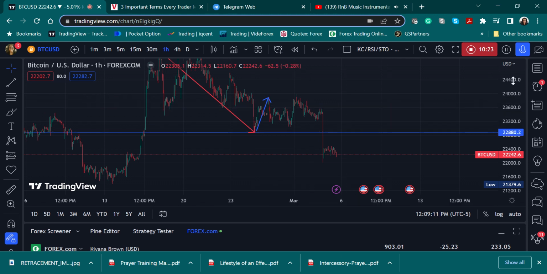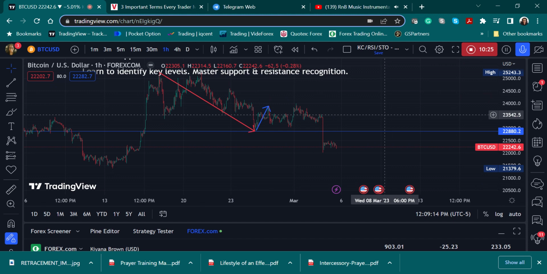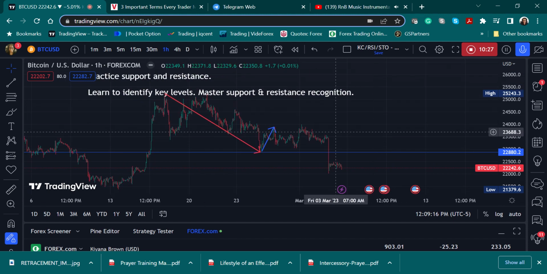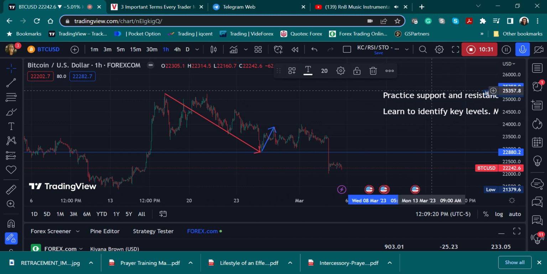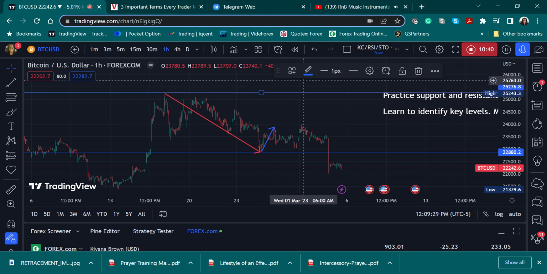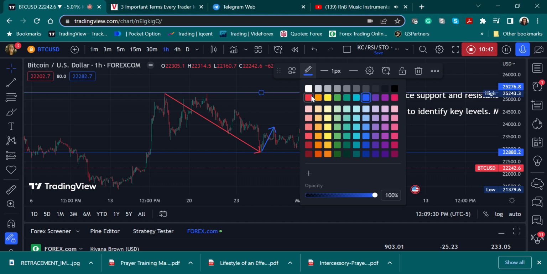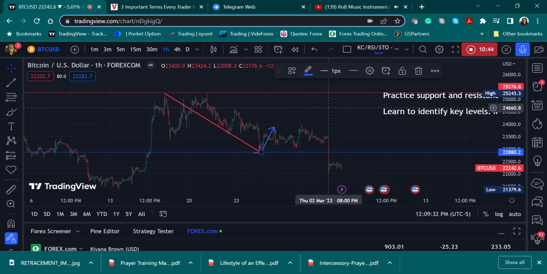Now, once we have identified our support level, we want to identify our resistance. So let's look for our resistance level. We want to come up to price's highest point, which we already identified is here, and we'll put another line. We're going to make this line red because we want to know this as our resistance, and we'll make this line green because we want that to be known as support. The reason we're doing that is we want to sell here and buy here.